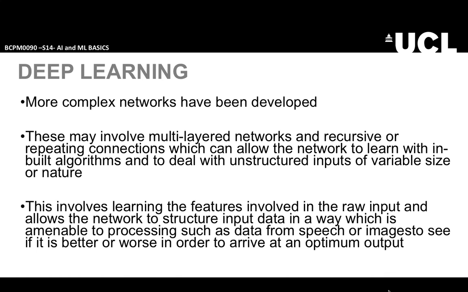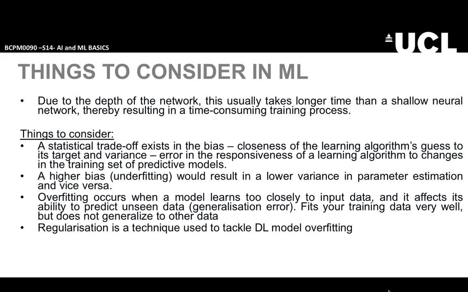This involves learning the features involved in the raw data input and allows the network to structure input data in a way which is amenable to processing, such as data from speech or images. Due to the depth of the network, this usually takes longer than a shallow neural network, thereby resulting in time-consuming training processes.